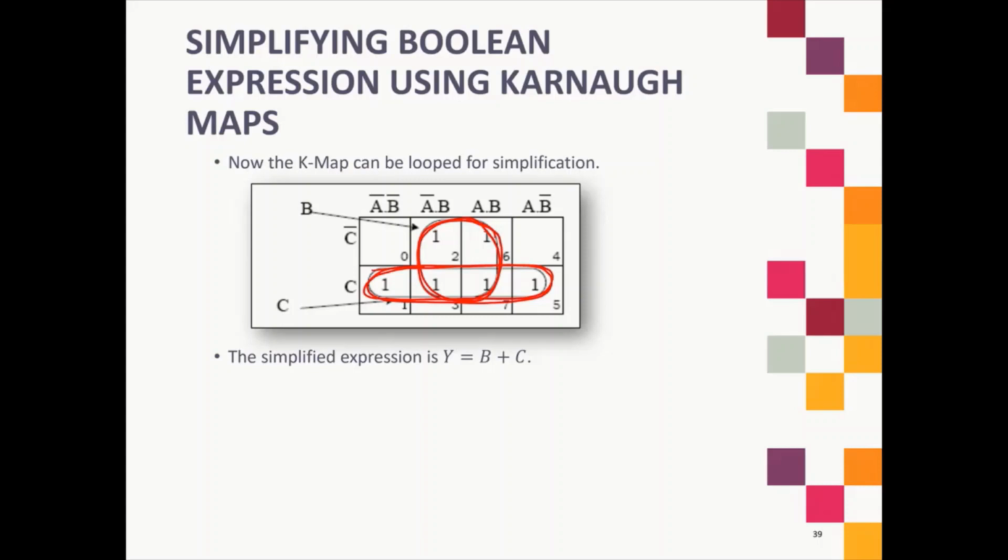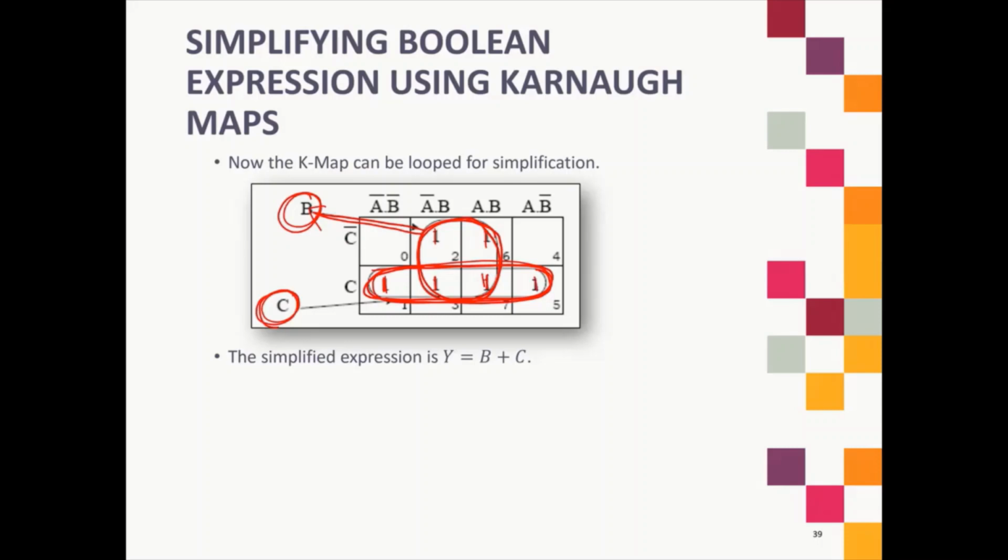Next step, you need to find the simplified term for each loop. The first term is B, because you have B in these 4 cells. And for this loop, the simplified term is C, because there is C in all the cells here.